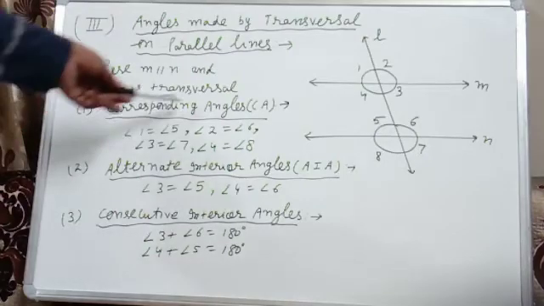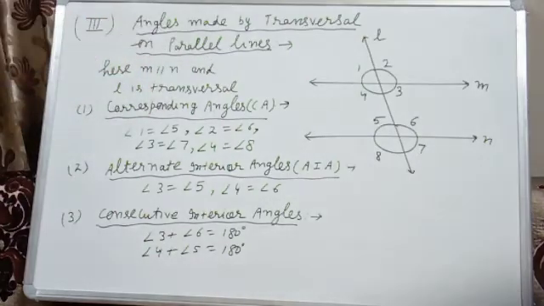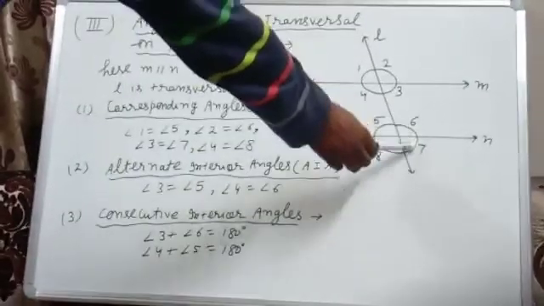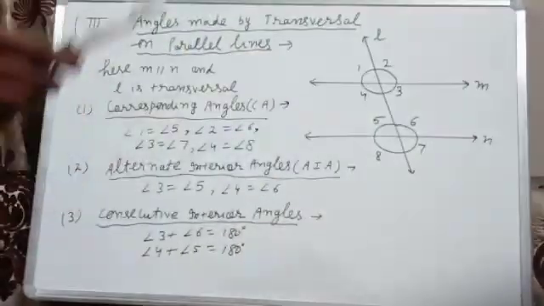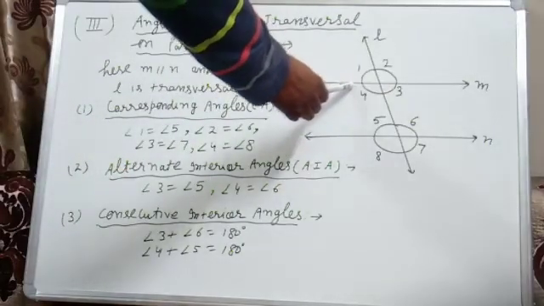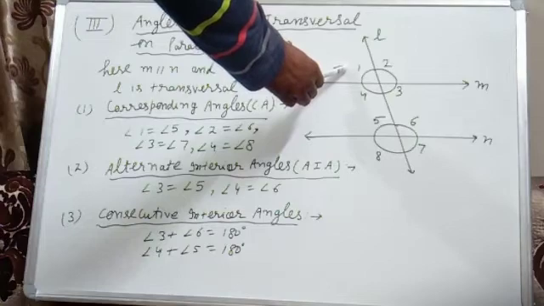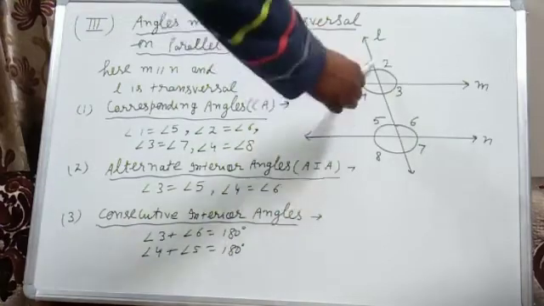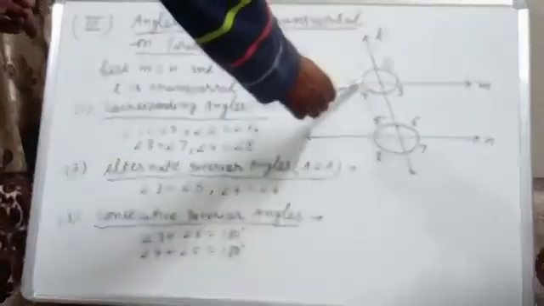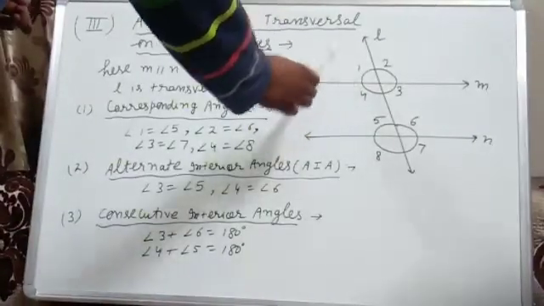First, corresponding angles. Corresponding angles: 1 and 5, 2 and 6, 3 and 7, 4 and 8. Now what is the condition? For example, angle 1 is above line M and on the left hand side of the transversal. Here are two conditions: it is above the line M and on the left hand side of the transversal.